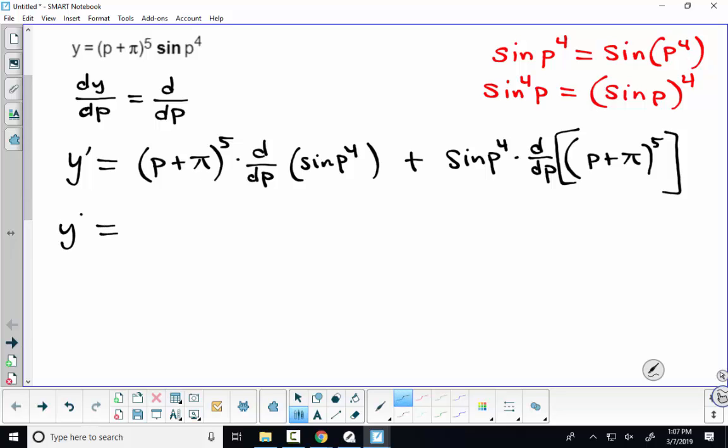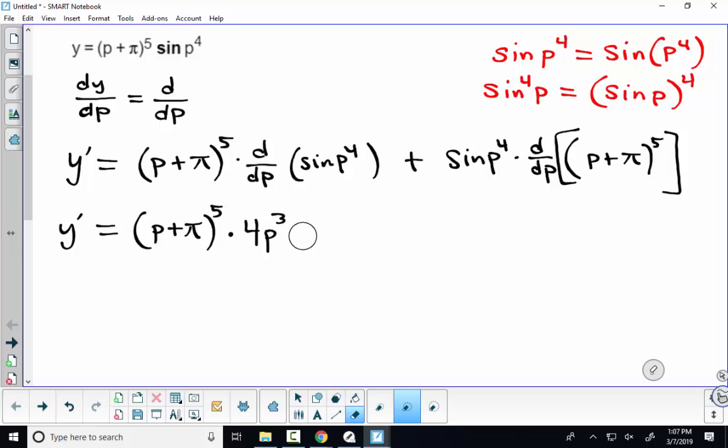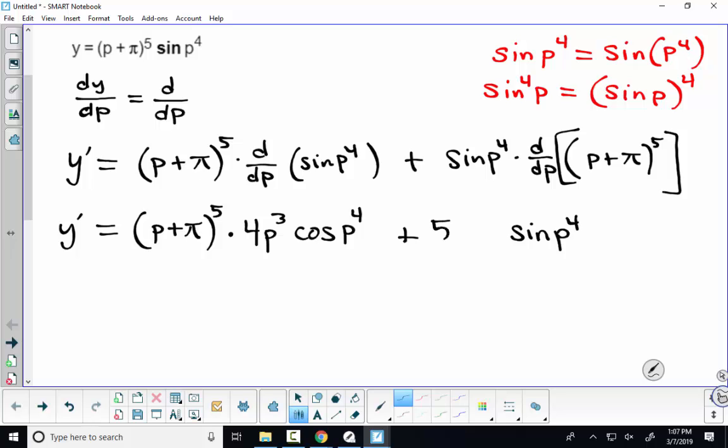So the derivative we're looking for is p plus pi to the fifth times 4p cubed cosine of p to the fourth plus our sine p to the fourth times our 5 times p plus pi to the fourth.